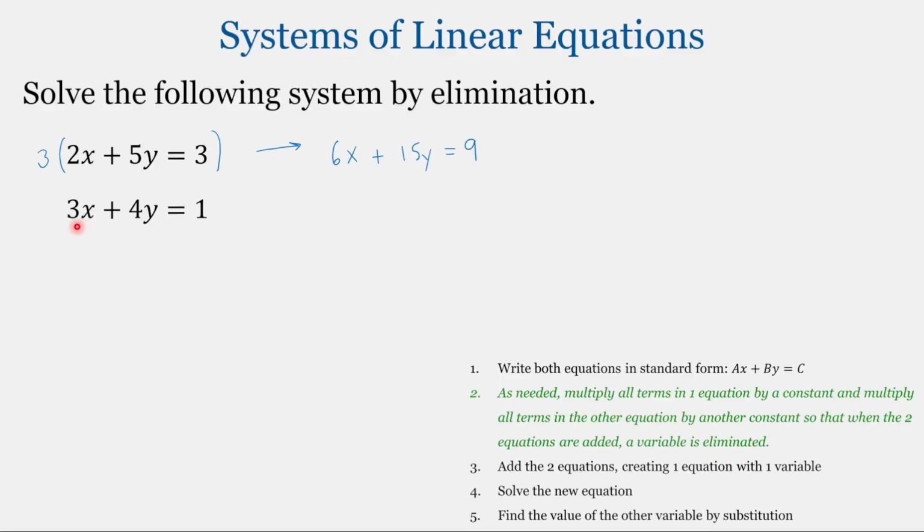Now for this second equation, in order for 3x to become 6x, we'd have to multiply everything by 2. But we also want the variable to disappear. So if the first equation is 6x, we want a negative 6x for the other equation. So we're going to multiply the second equation not just by 2, but by negative 2.